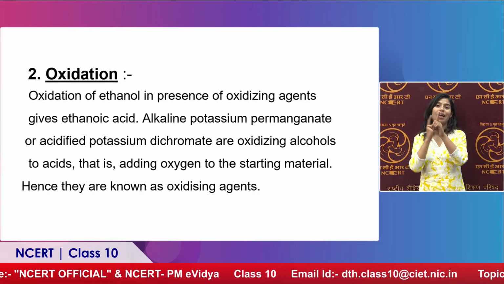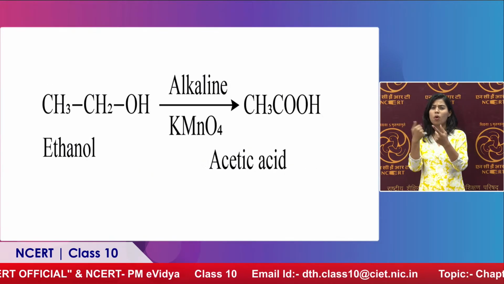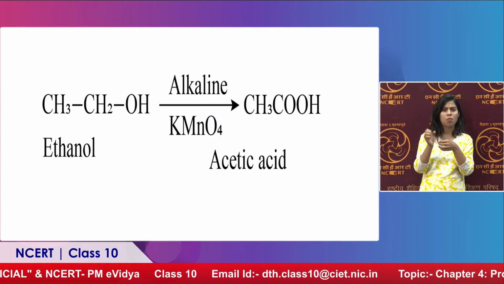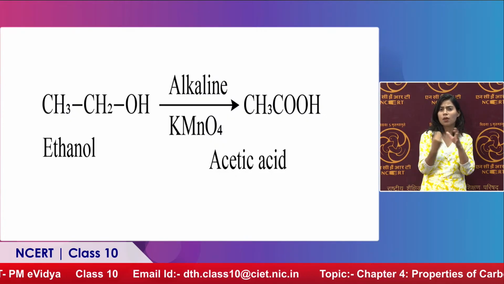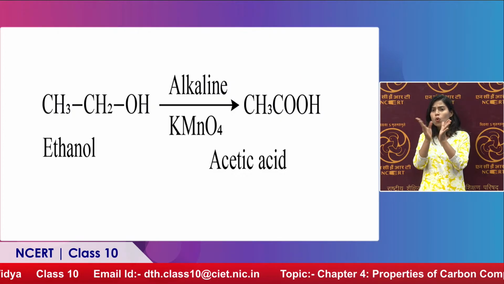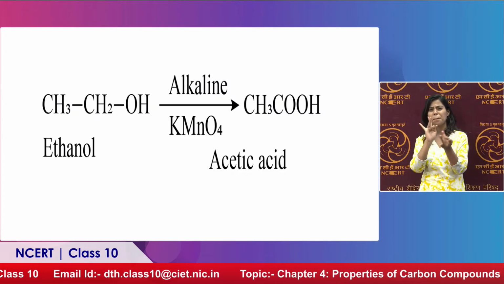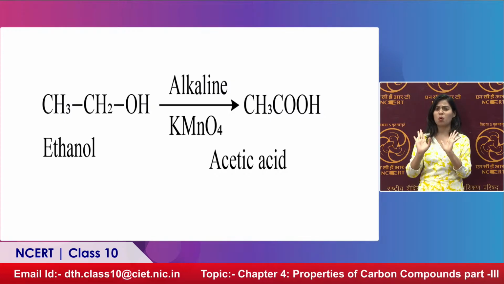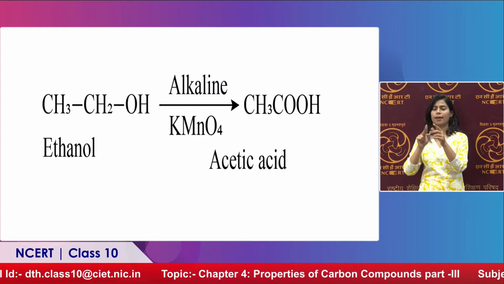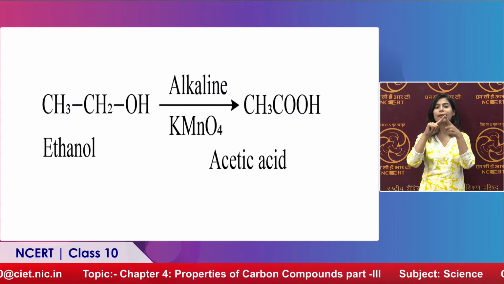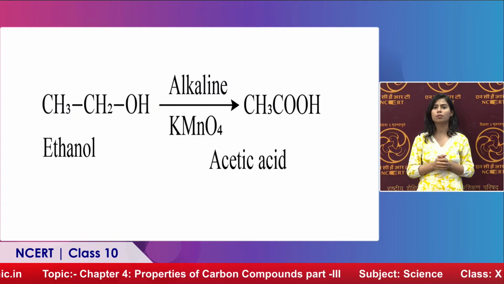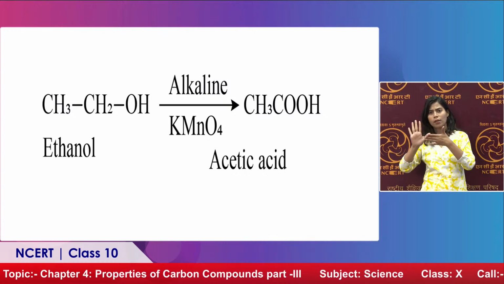Right. And so, can you give us two examples of these oxidizing agents? Yeah, we have categories of oxidizing agents: strong oxidizing agents, mild oxidizing agents, and a lower category of oxidizing agents. In this example on the screen, ethanol is oxidized and we get CH3COOH, that is acetic acid, also called vinegar.